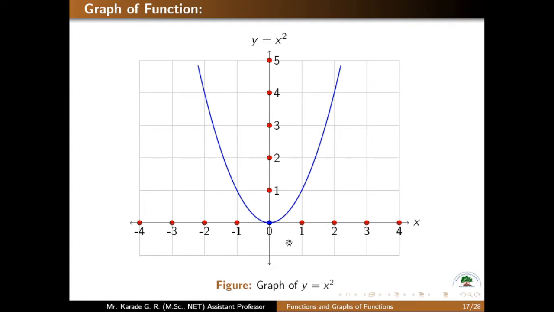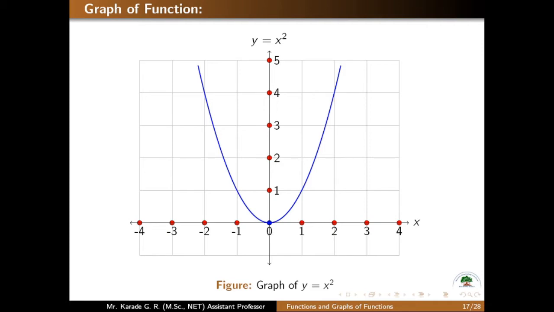In first quadrant, as values of x go on increasing, the functional values also go on increasing. Therefore in first quadrant the graph is increasing, and in second quadrant as values of x go on increasing, the values of function go on decreasing. In second quadrant the function is decreasing, and at x equal to 0, the value of function is 0.